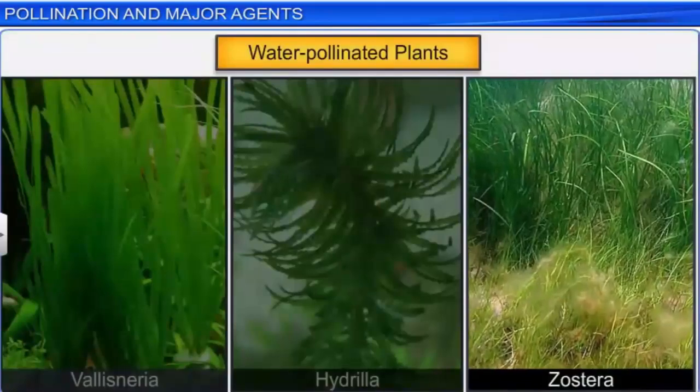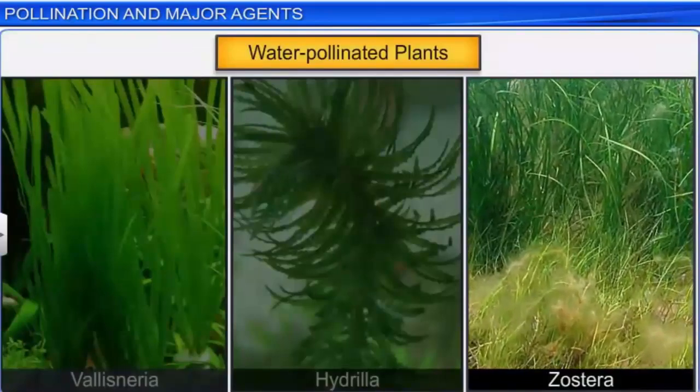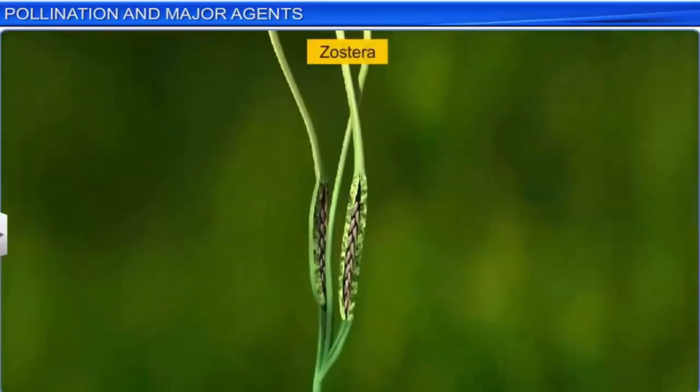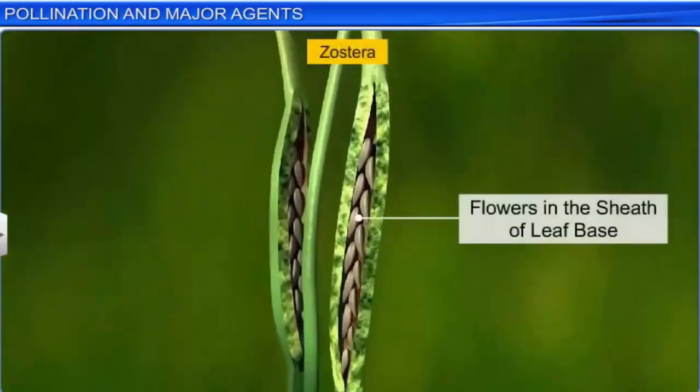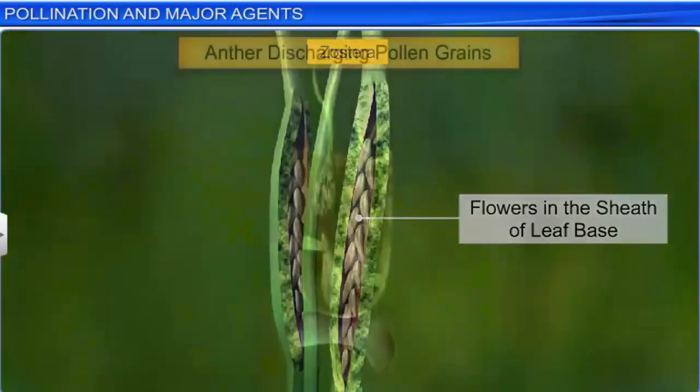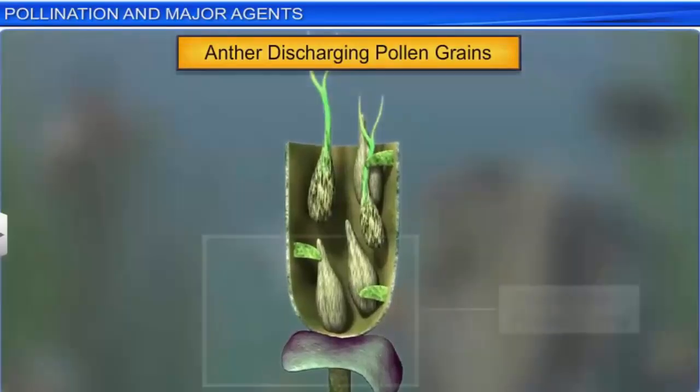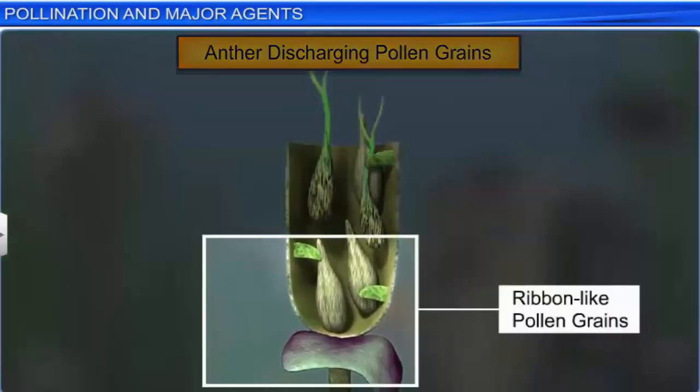In the case of Zostera, a dioecious seagrass, the male and female flowers remain submerged in water. The male flowers produce long and ribbon-like pollen grains which have a mucilaginous covering that protects them from getting wet.